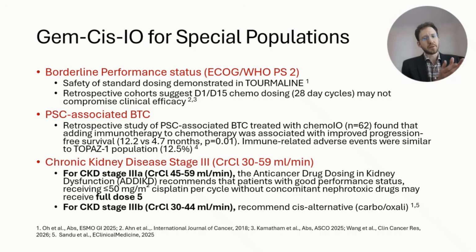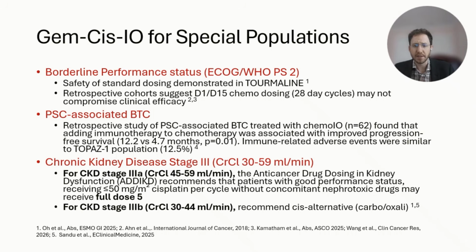For patients that are a little bit more frail, with borderline performance status, I'm also thinking about those considerations when a patient has primary sclerosing cholangitis associated biliary tract cancer, and also those with baseline chronic kidney disease.